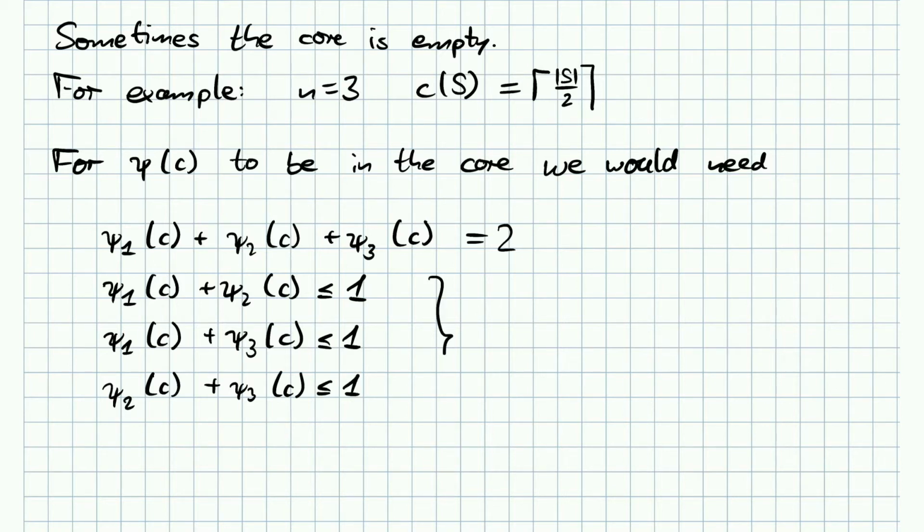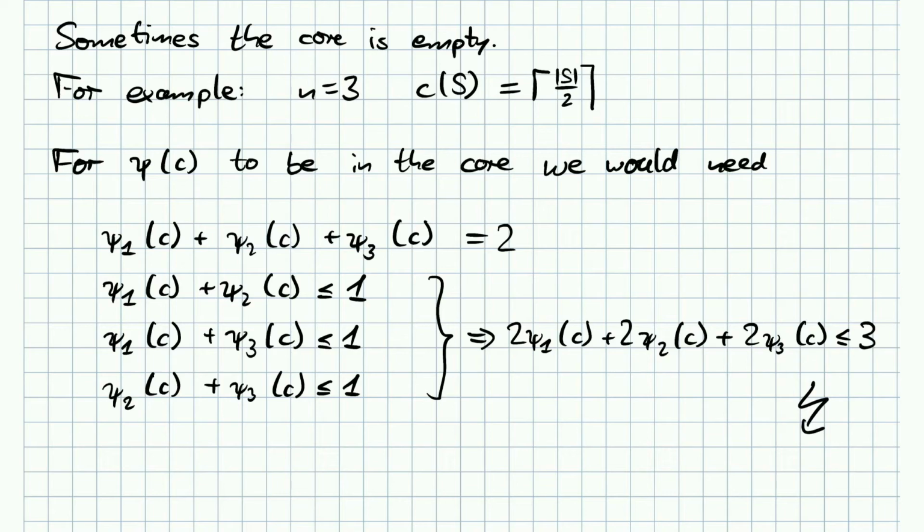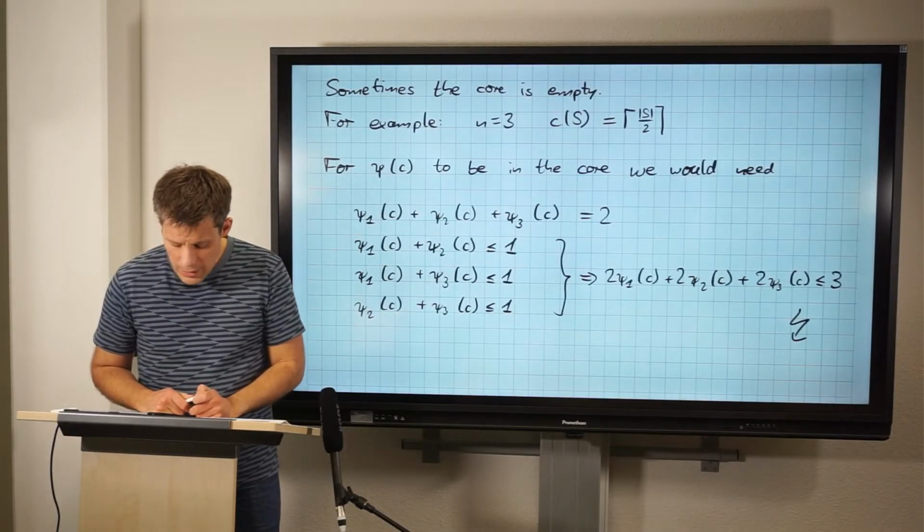And if you add up all these inequalities, then you'll see, okay, 2 times psi 1 of C plus 2 times psi 2 of C plus 2 times psi 3 of C will be at most 3. And this is certainly a contradiction.